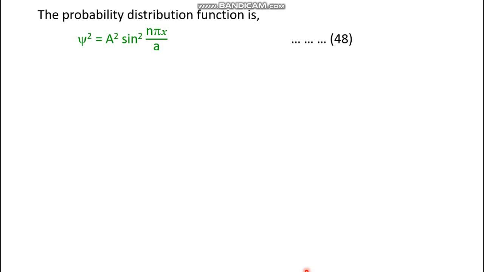Now the probability distribution function is psi squared, that is, the probability of finding a particle. So psi squared becomes A squared sine squared n pi x by a.